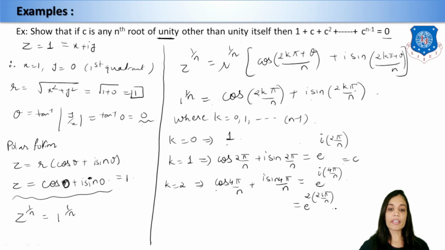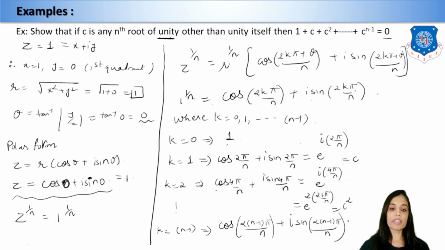So I can write this as c square, and so on. Lastly, let us put k as n minus 1. So our answer will be cos 2(n minus 1)π/n plus i sin 2(n minus 1)π/n. Right? So these can be written as c raised to n minus 1.